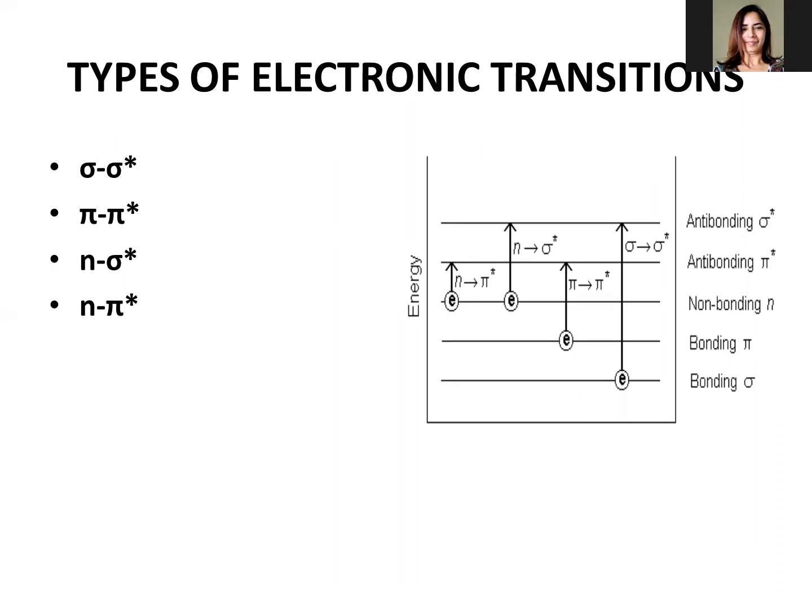In case of methane, CH4, where there are all sigma bonds, the C-H bond can only undergo sigma to sigma star transition and shows absorption maximum at 122 nanometer.